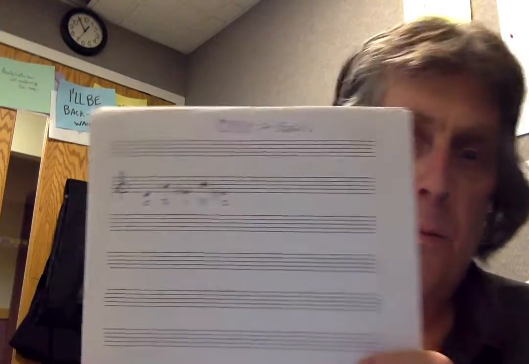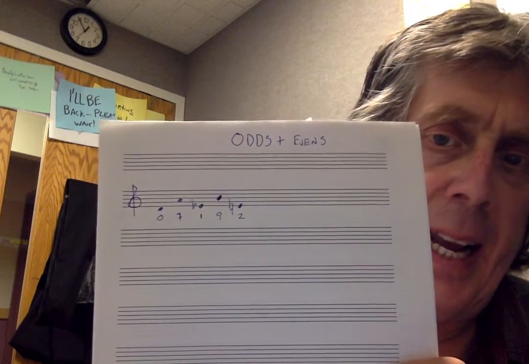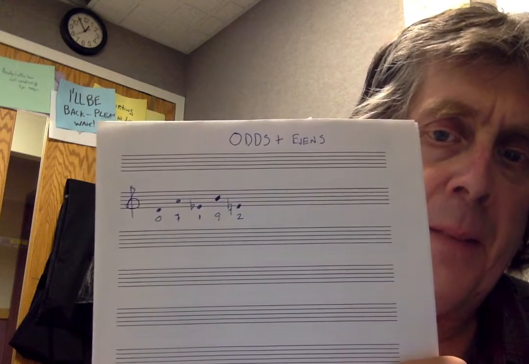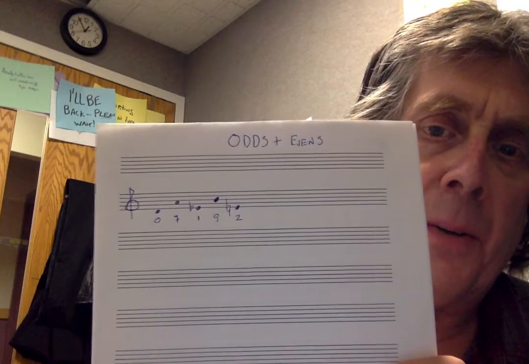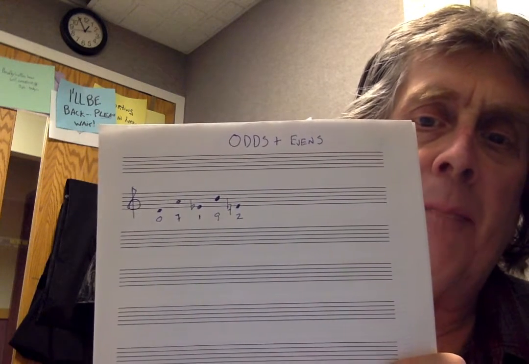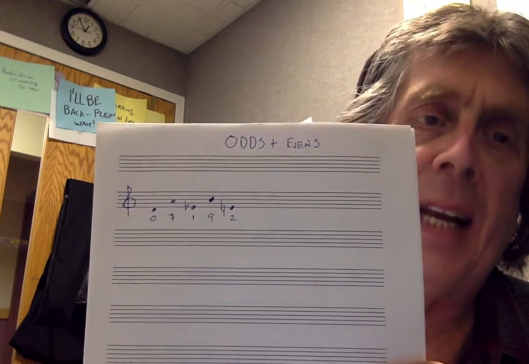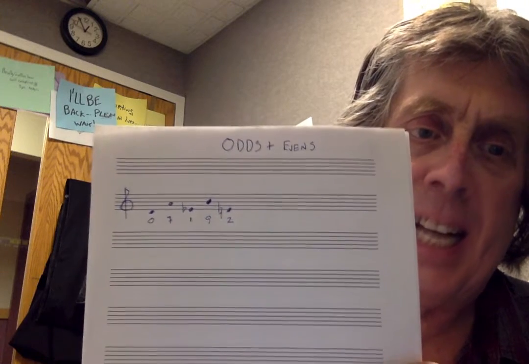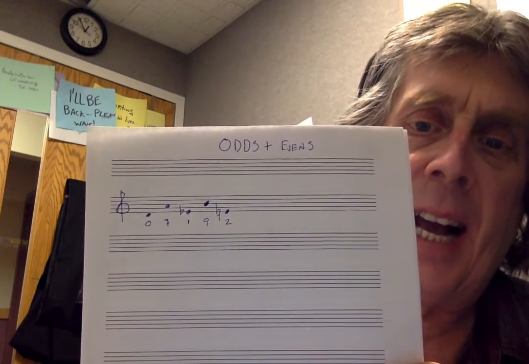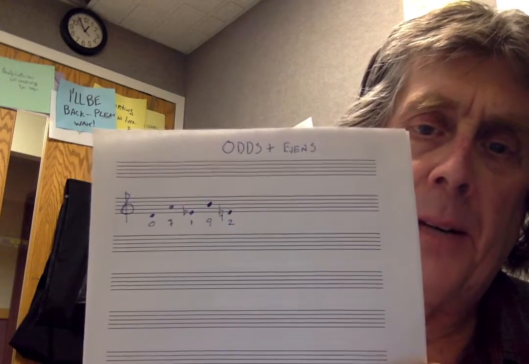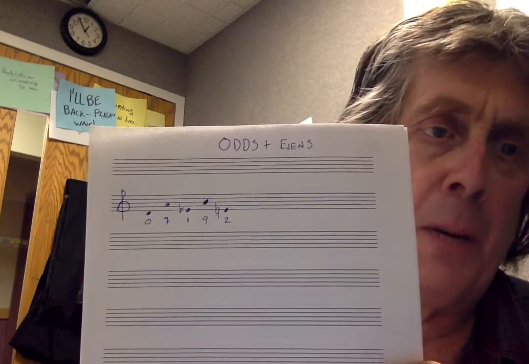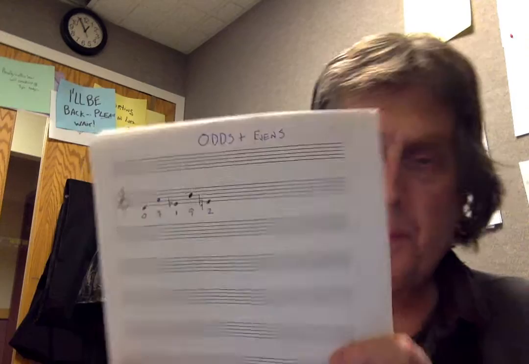So what you have there is A is 7 semitones away, E flat is 1 semitone away, B natural is 9 semitones away from D natural, and E natural is 2 semitones away from the opening pitch D natural.